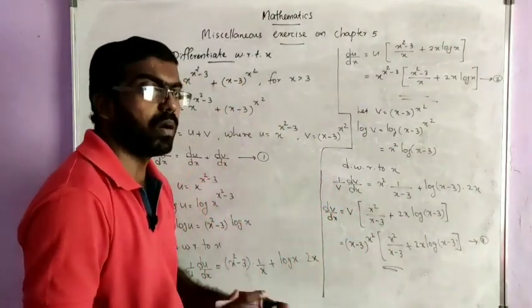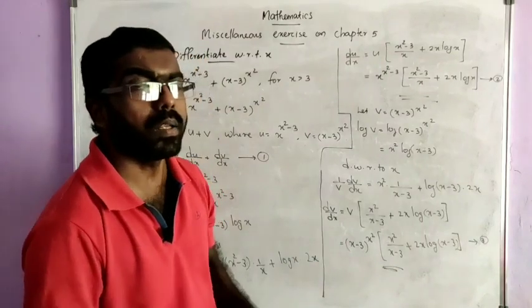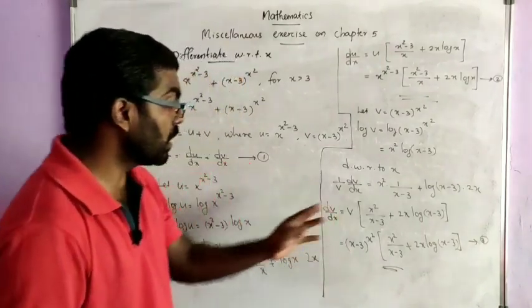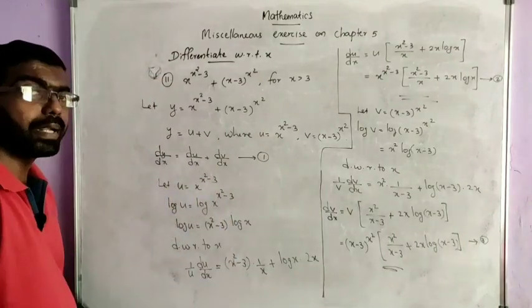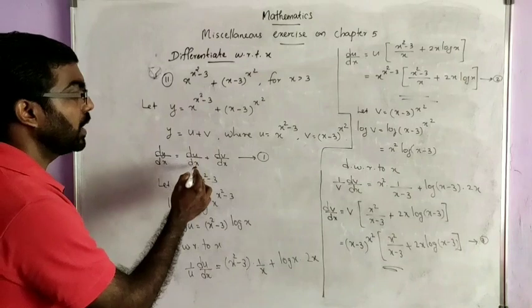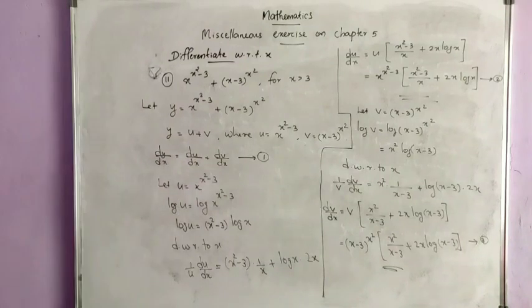Okay. Now we got du by dx and dv by dx, and in order to find dy by dx, we can replace these two values in equation 1. In equation 1 it is dy by dx is equal to du by dx plus dv by dx. Clear?